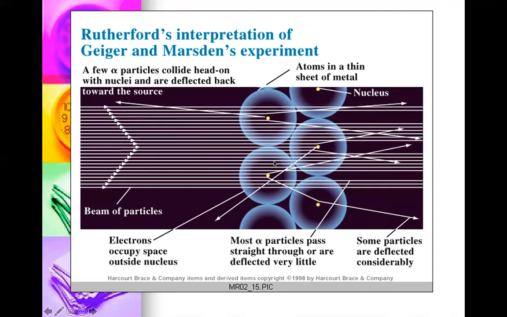Some have minimum deflection, some have a very large deflection, meaning that somewhere at the center of the atom there is a dense positive charge that deflects the alpha particles. Remember that the alpha particle is positive, so a highly dense positive charge deflects the alpha particle.